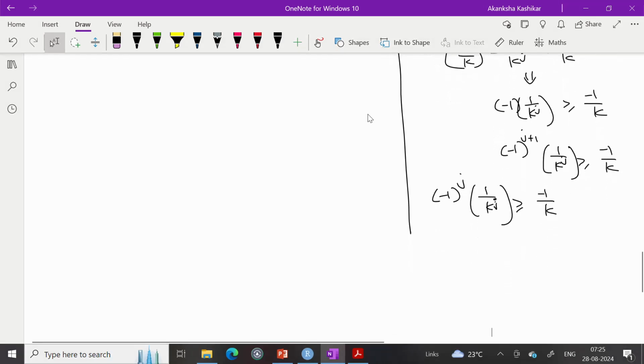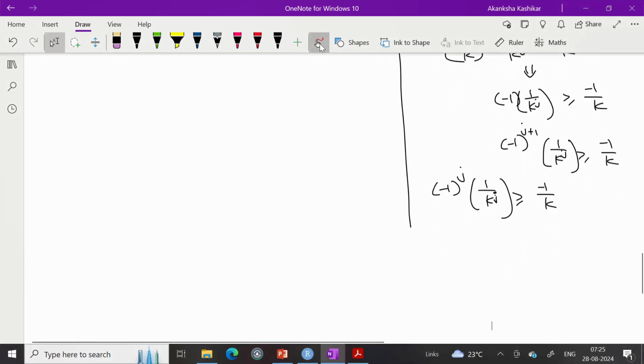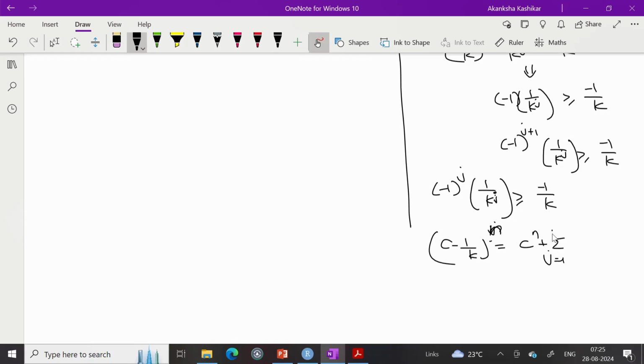But if the left hand side is negative, then we can prove that this is larger than -1/k, because mod of (1/k)^j is smaller than or equal to mod of 1/k. So we will use this fact.